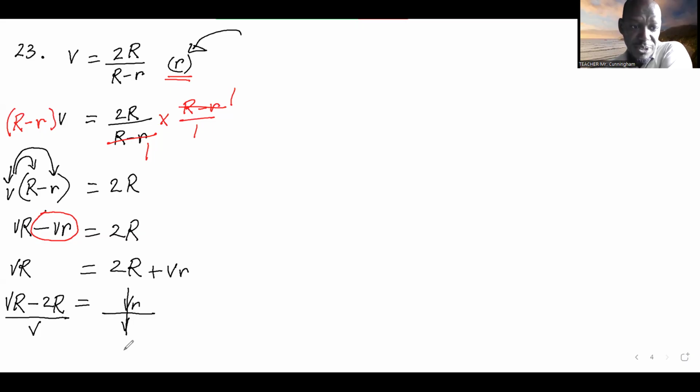So this cancels. So R is equal to, let me erase this here, R is equal to VR minus 2R divided by V.